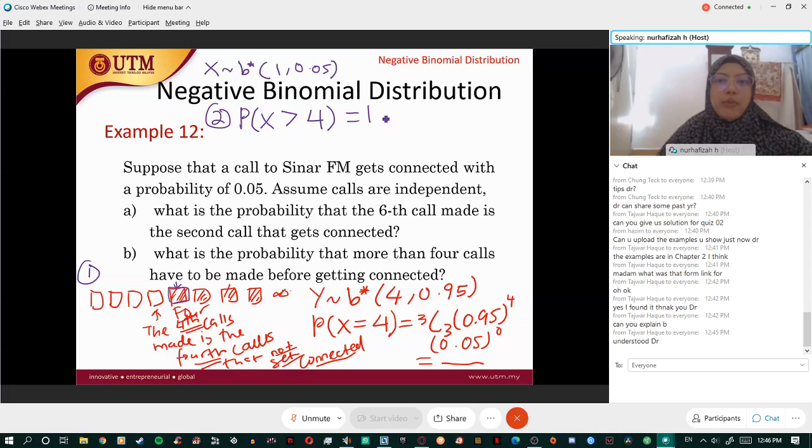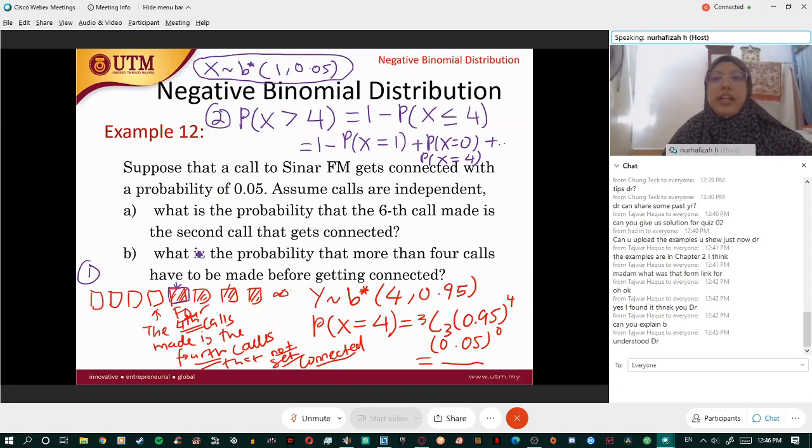So here we would have 1 minus P(X less than or equal to 4). That means 1 minus the sum of P(X = 1) until P(X = 4), using this distribution.